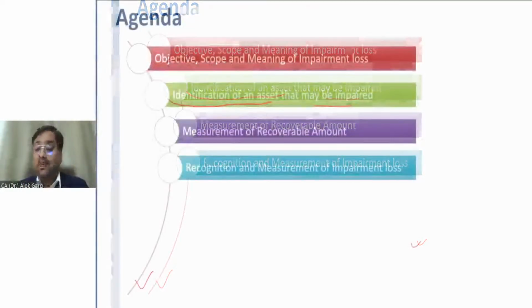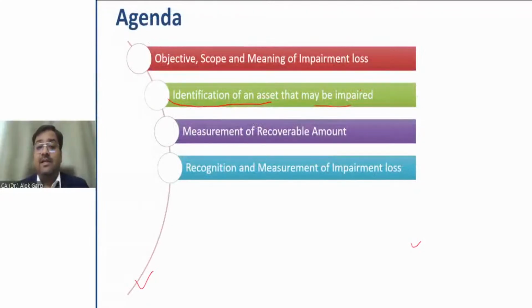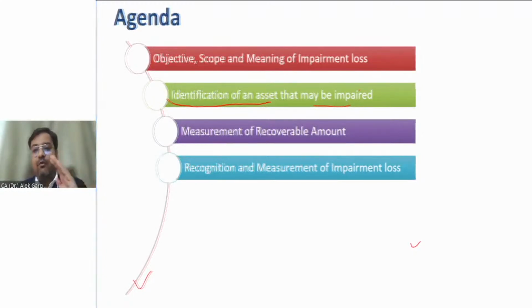Friends, if there is an impairment loss, then we will discuss where to recognize it, right? Recognition means recognition in the books of accounts. So where to recognize this impairment loss in the books of accounts and how to measure it. Friends, you understood there are 4 pillars of accounting: RMPD.